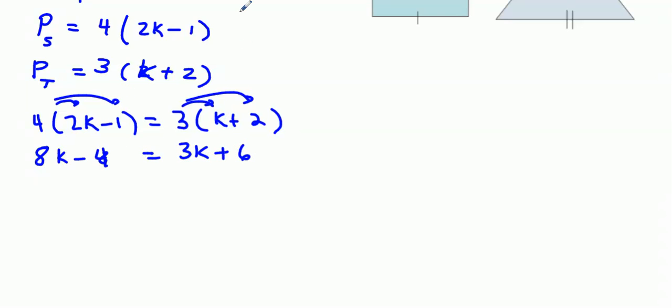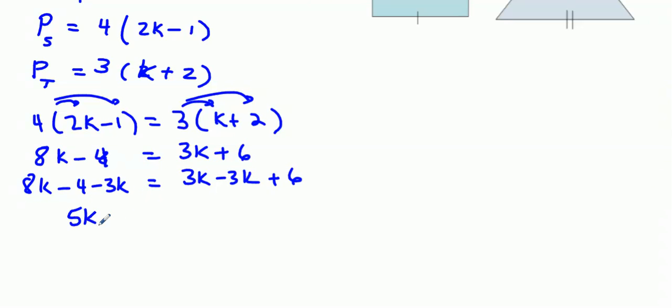Okay, so I'm going to move that 3k out of there, and it's going to end up being minus 3k on both sides to balance the equation. So 8k minus 4 minus 3k, equals 3k minus 3k plus 6. I didn't use red this time. Hopefully that's okay. So 8k minus 3k is 5k minus 4 equals 6.